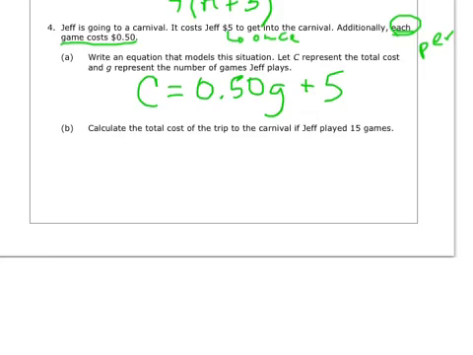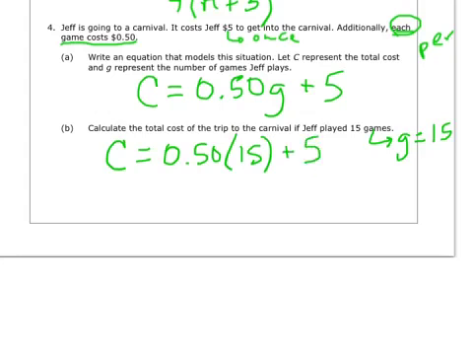Okay, and then calculate the total cost of the trip to the carnival if Jeff played 15 games. Okay, well, so the cost equals, alright, so this means that G equals 15. So we're going to have 50 cents times 15 plus 5.